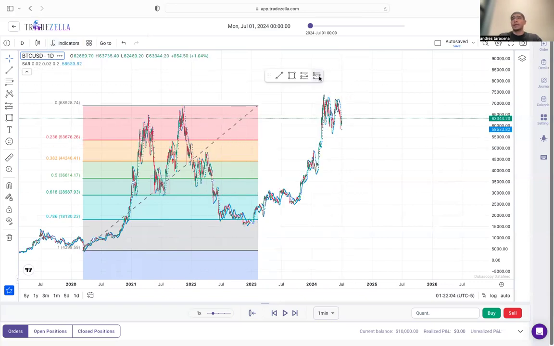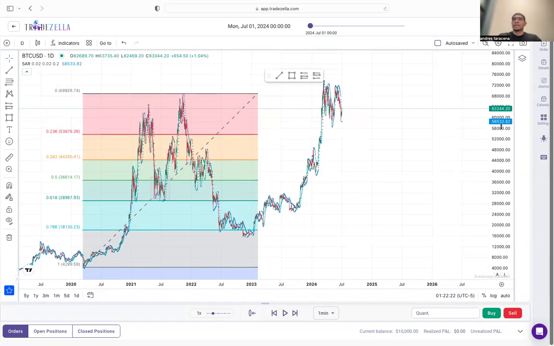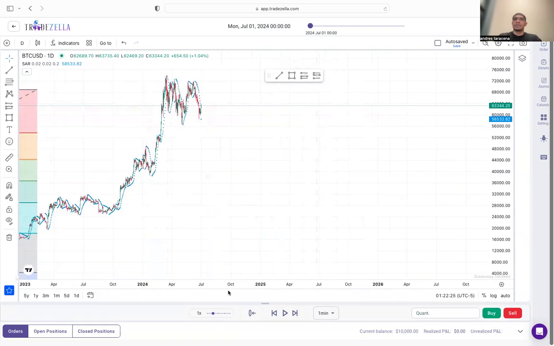So if we add that on there, we'll get into this a little later, but basically this shows you the momentum of the market as well in a different type of way. So if we zoom in on this, let's see.